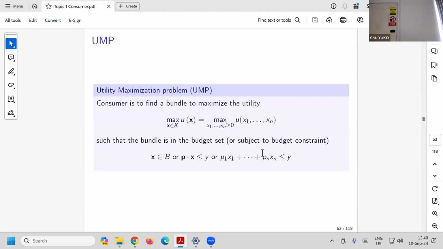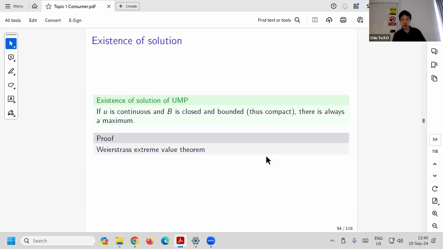Of course, in general, this solution may or may not exist. But according to our assumption, where U is continuous, U is quasi-concave, strictly quasi-concave, we will have a solution. So the assumption we have is first, U is continuous, then you always have a solution, which we know already.